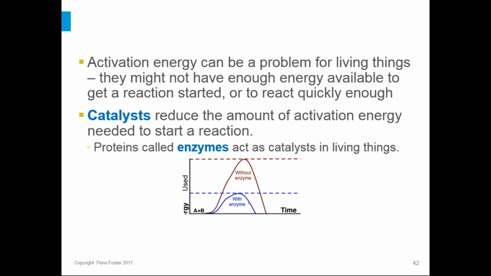And the blue line here would show that you need much less energy to get that reaction started if there is an enzyme there acting as a catalyst. So enzymes are really important to living things because they mean that the reaction is much more likely to happen because it needs so much less energy to get started compared to what it needs without the enzyme.